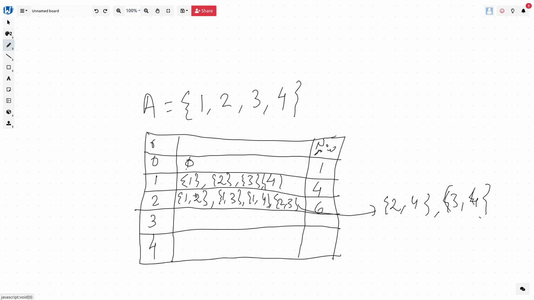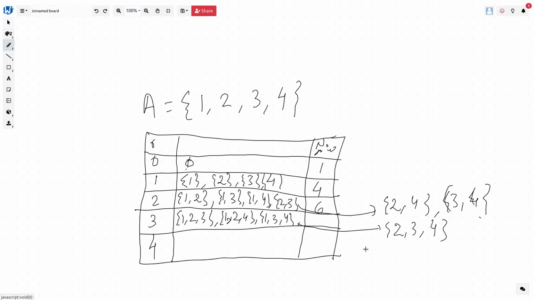Now let's try to form the 3 element subsets. The 3 element subsets can be formed as 1, 2, 3, which we have done earlier as well, then 1, 2, 4, then 1, 3, 4. And the last subset which can be formed is 2, 3, 4.